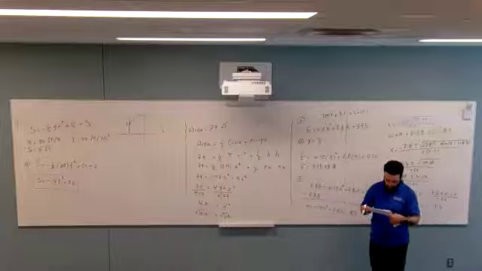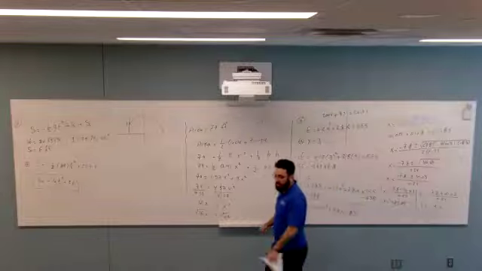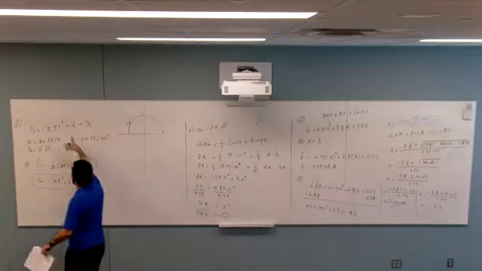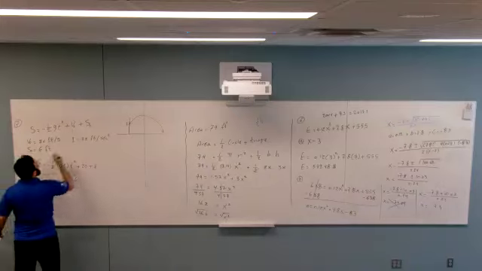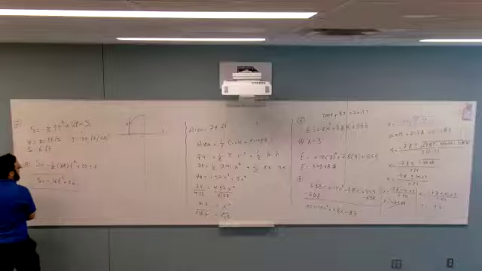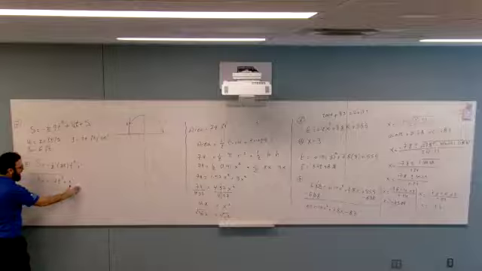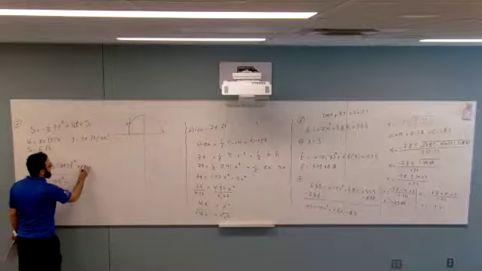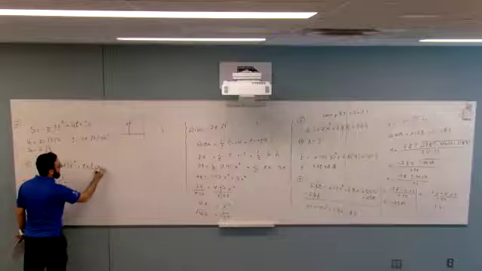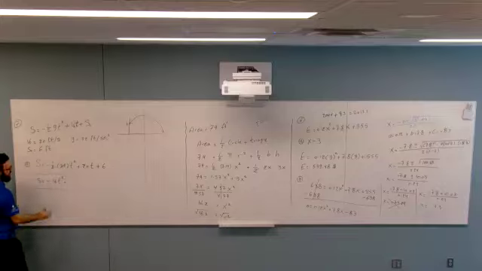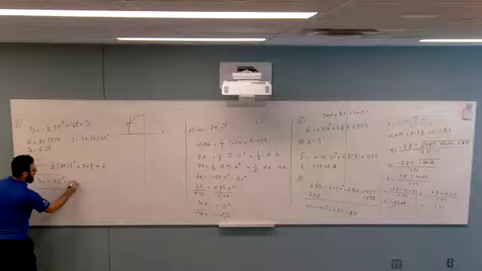Oh, we missed something. Yes, I wrote down the formula wrong. There's a T here. That's what I was thinking. You should tell me. I just saw it right now. Okay, so it's 20 T plus 6. So plus 20 T plus 6.